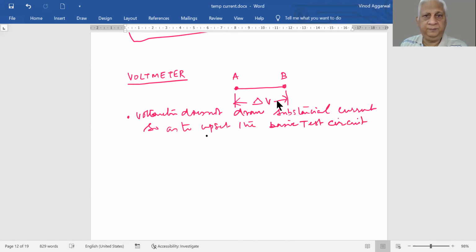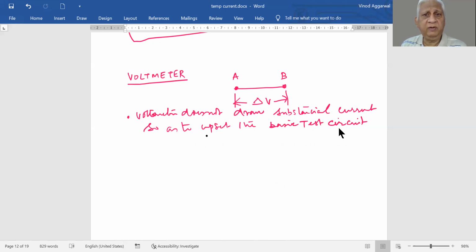What does it mean? If we are trying to measure voltage between 2 points and the voltmeter itself draws some current, because there is a potential difference, any device will have current flowing through it. Now, if there is substantial current flow through it, the basic test circuit will get disturbed.